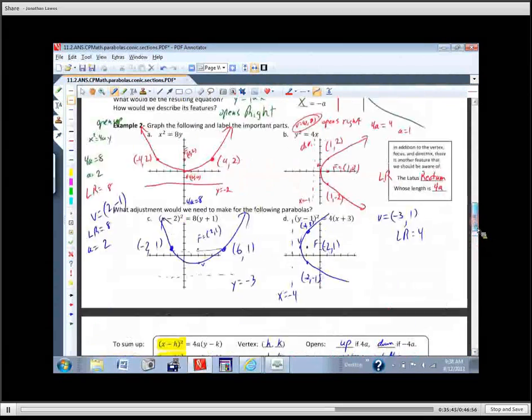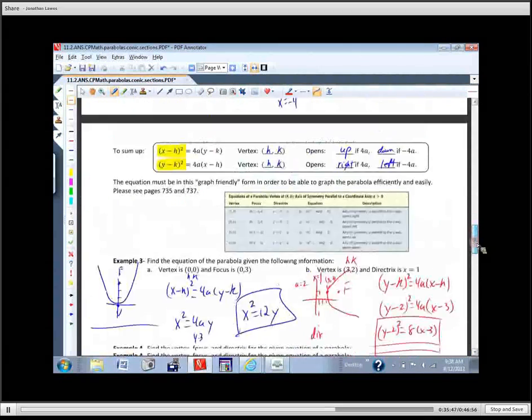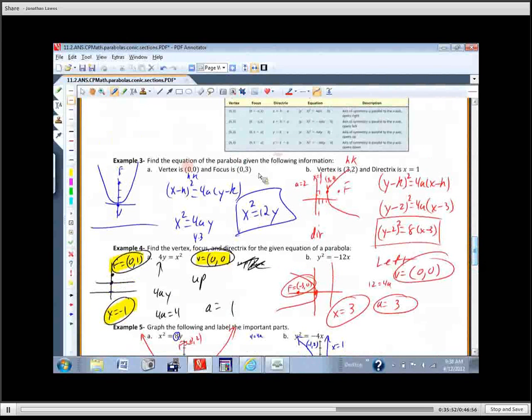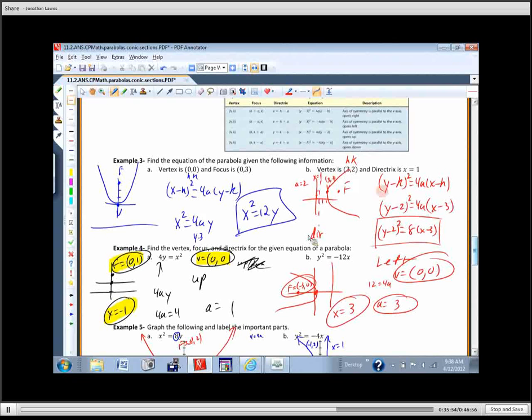Any of these examples? 1, 2, 3, 4. Wait just a second. Take a look at 3. Look at example 3. Okay, here's what 18 says. 18 says the vertex is at 4, -2, and the focus is at 6, -2. Isn't that kind of like what we did here?